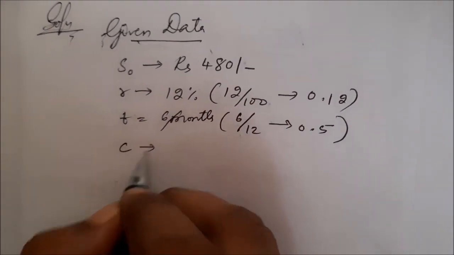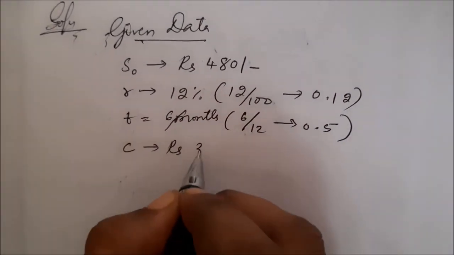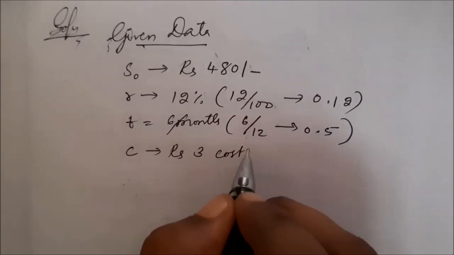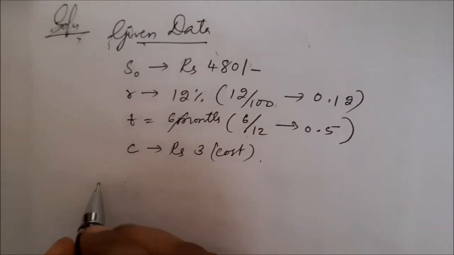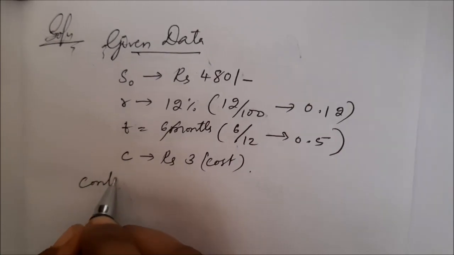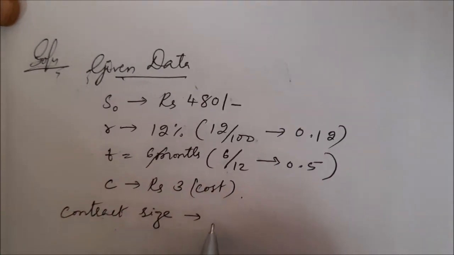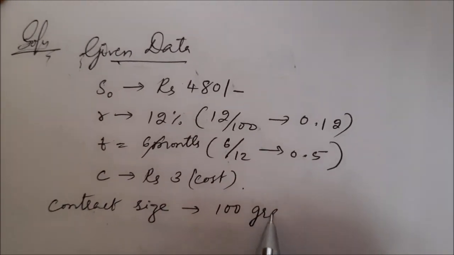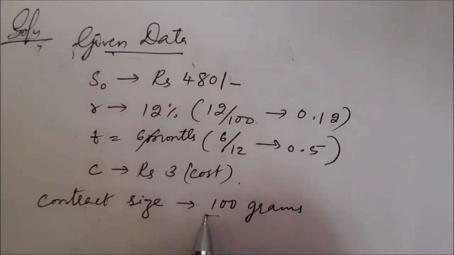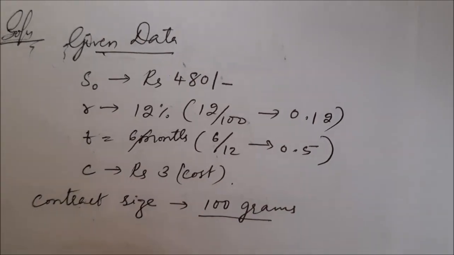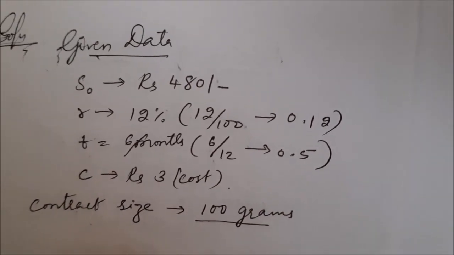Cost is given for storing, that is rupees 3 per gram for gold. Next, contract size is given in the problem. This is required to calculate the value of the contract, 100 grams.